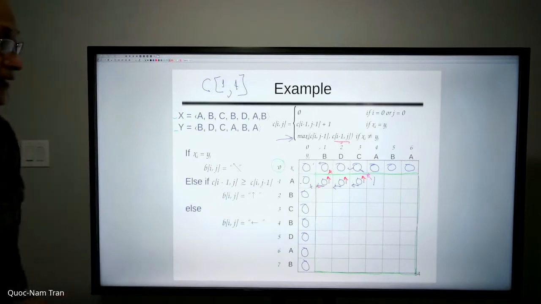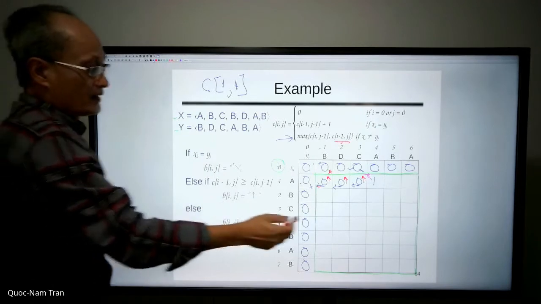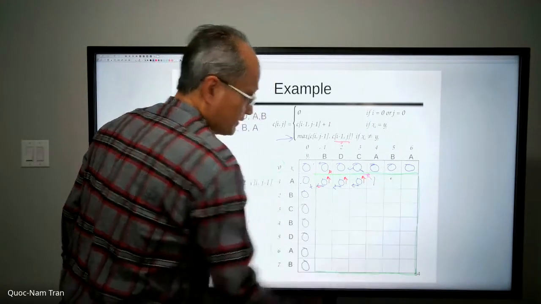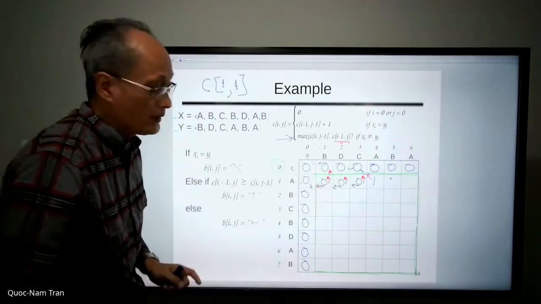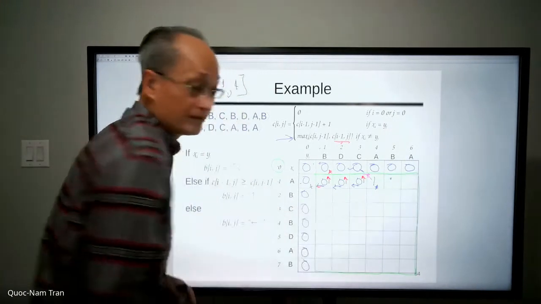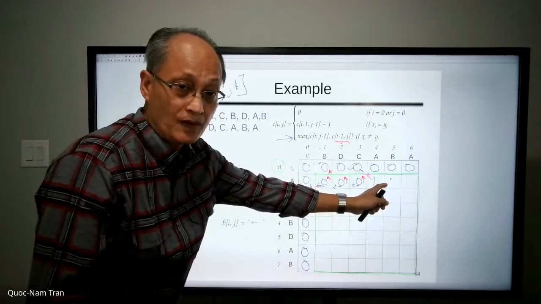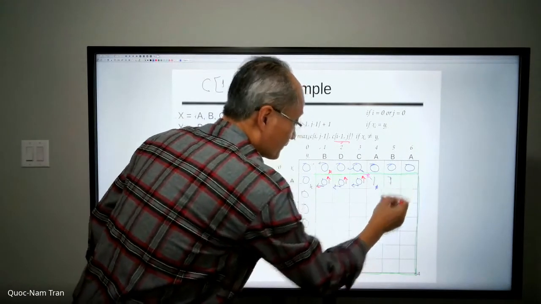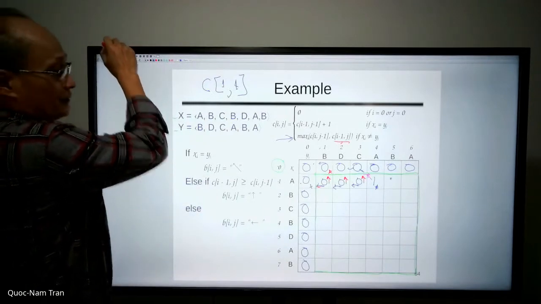Now same thing for the next one. When we calculate this value, A and B are different, and hence we have to compare the value here and the value here. The bigger one will be stored here. So we have 1 here as well, right?